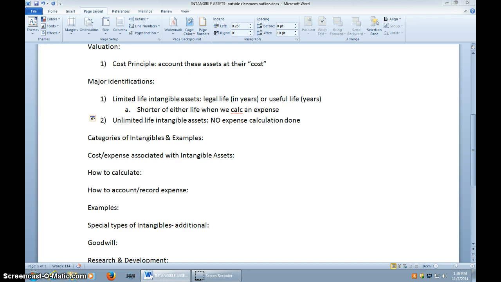And if there is no identifiable life, either legal life or useful life, then we can't calculate an expense. There's no years, there's no life to calculate that expense over.